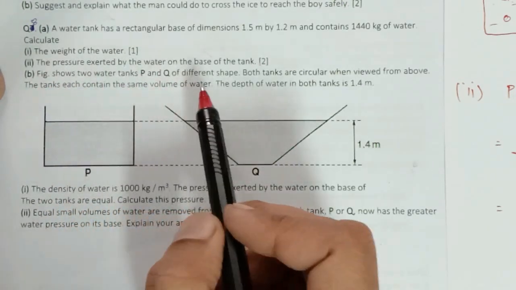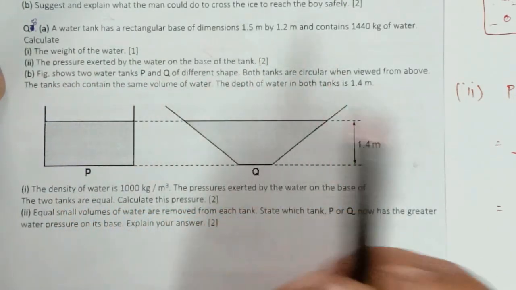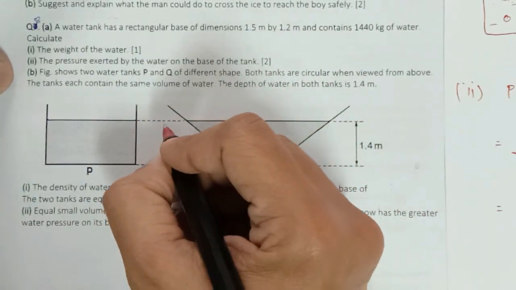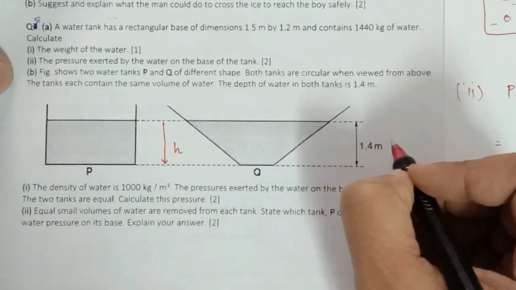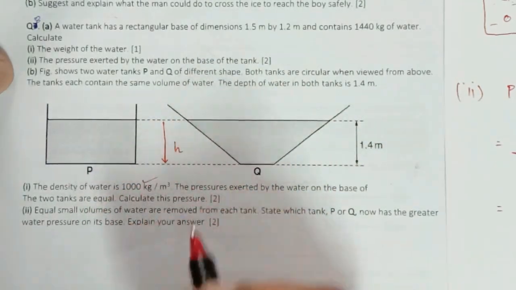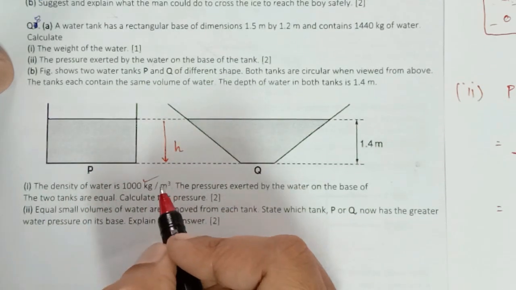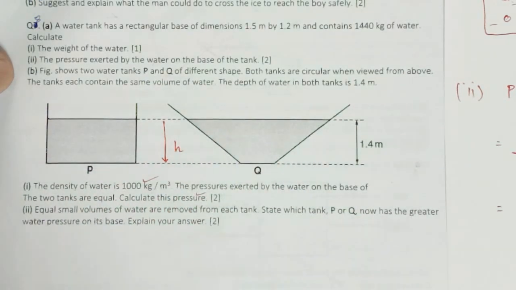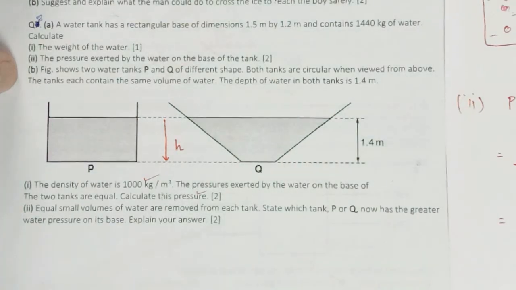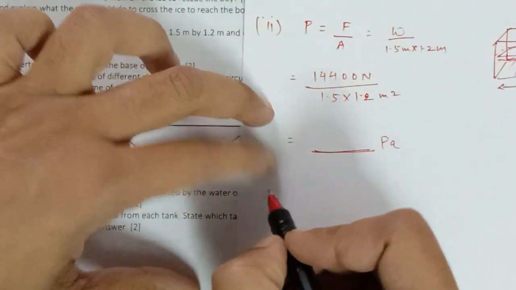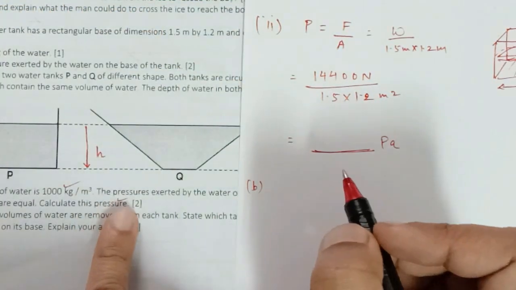Figure B shows two water tanks. The depth of both the water tanks is the same, right? The liquid is filled till the same depth, H is the same, that is 1.4 meter. Density is given. Pressure exerted by the two tanks is equal, right? And calculate this pressure. So again, pressure is equal to H rho g. You can apply this over here. So now I am going to solve the B part.